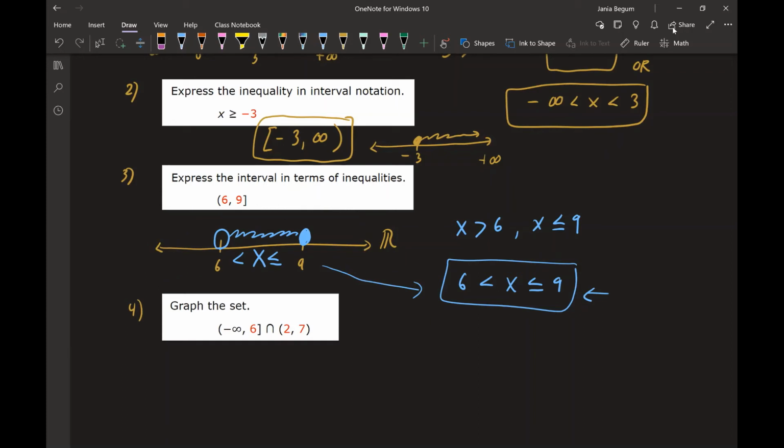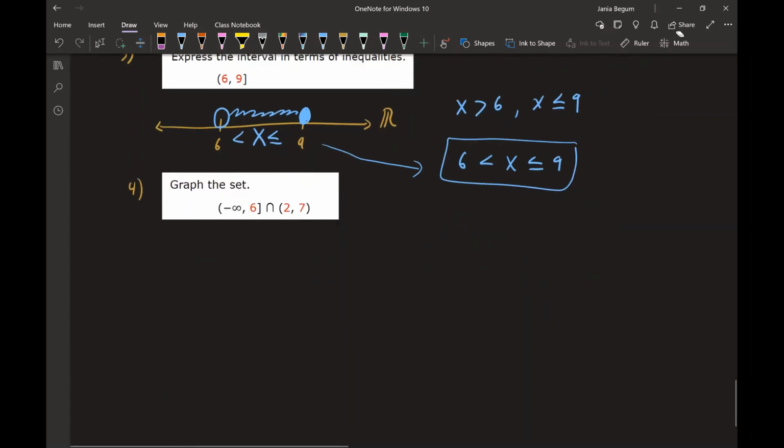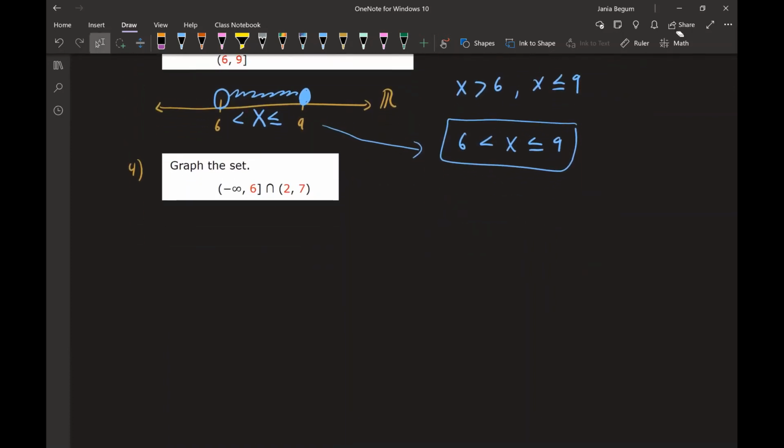Okay, now what about the last one? Now for the last one, we do have to do a little bit of work because you have 2 sets and you're only writing down their intersection. That's what that intersection symbol is. So for this one, I would strongly encourage you to draw, okay?